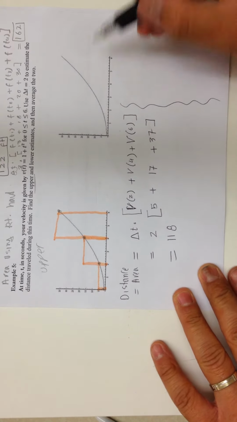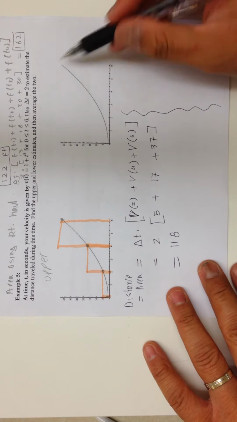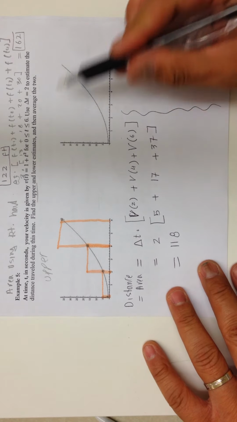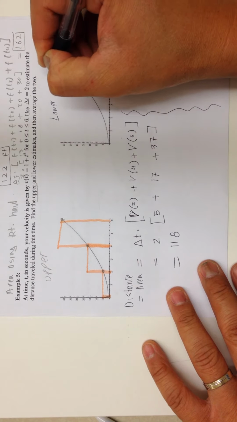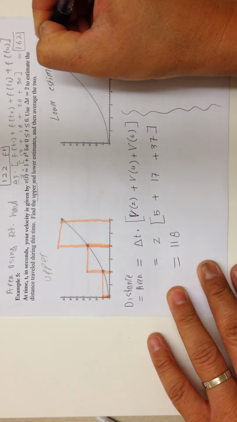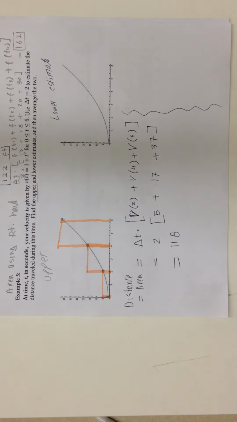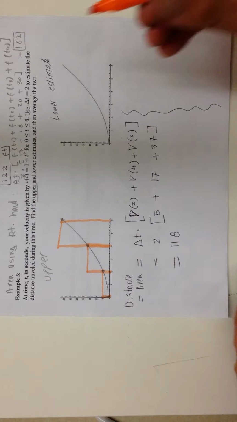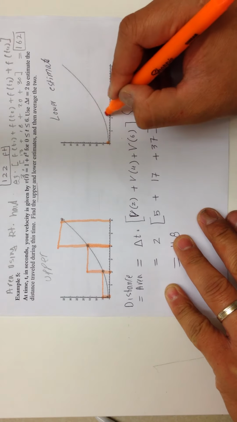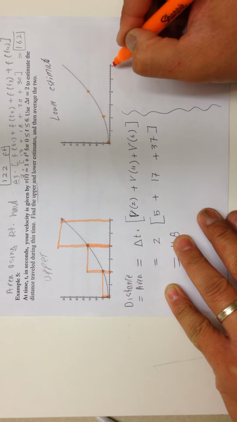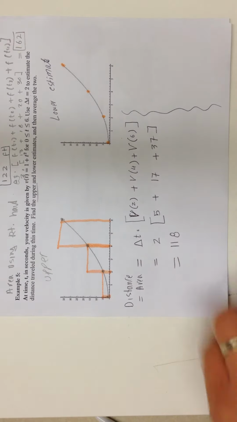I would advise you to pause the video, do this problem first, and then do this part first to find a lower estimate, and then try to see if you get the same answers as I did. Alright, so I'm going to go ahead and plot these points again on the graph. 0, 2, 4, 6, because every 2 seconds.